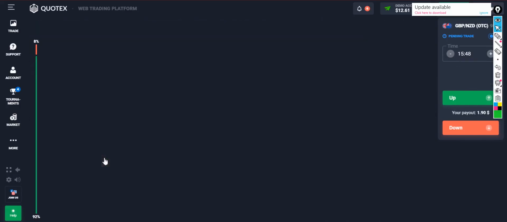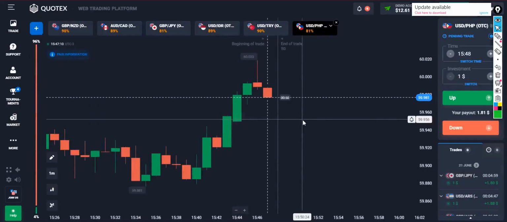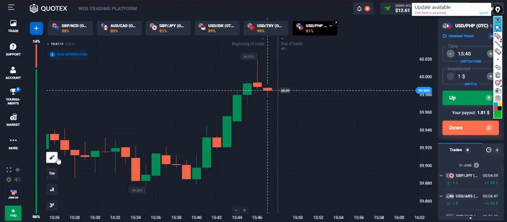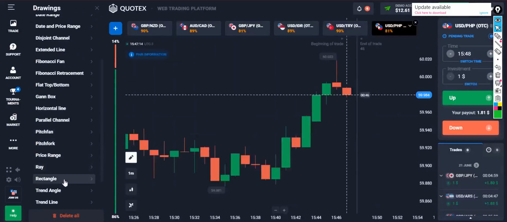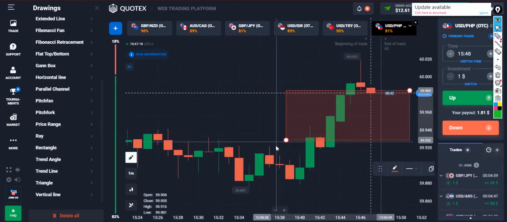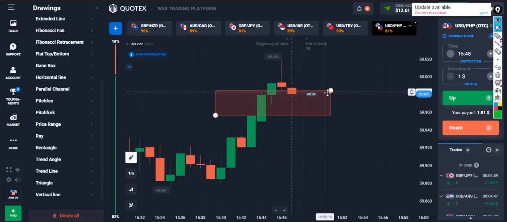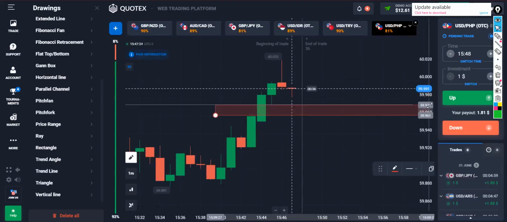How about USD PHP? Okay, so here is a fair value gap. Let's go for rectangle. Draw it right here, right here.